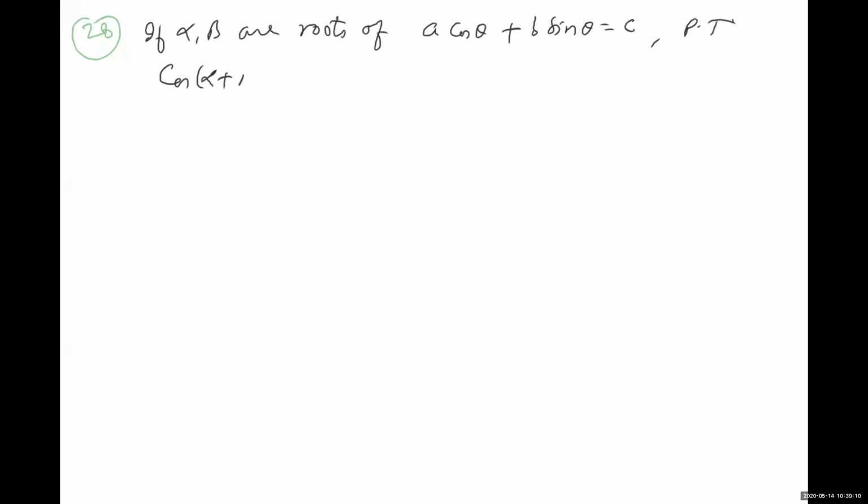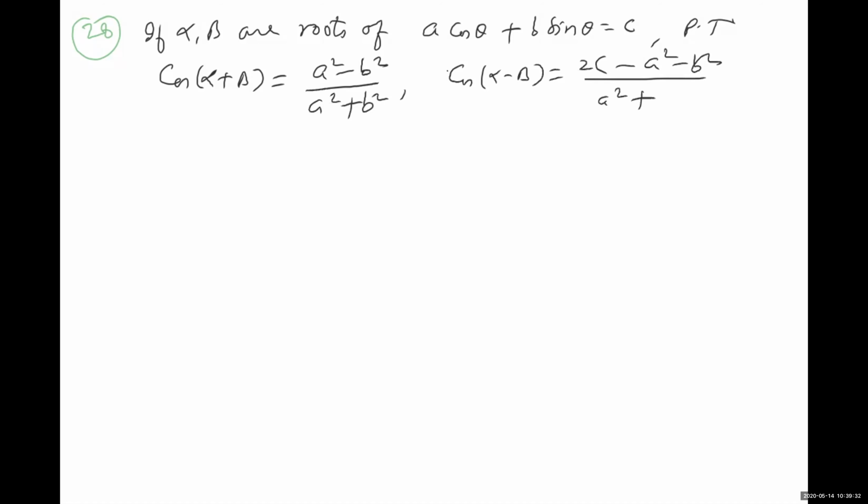Cos(alpha plus beta) is equal to (a square minus b square) upon (a square plus b square), and cos(alpha minus beta) is equal to (2c square minus a square minus b square) upon (a square plus b square). This is what we have to prove in this.